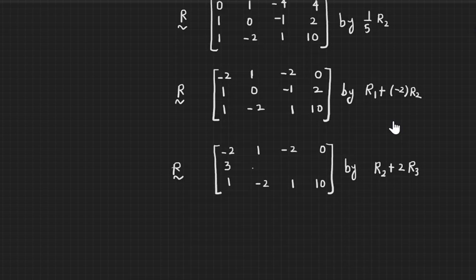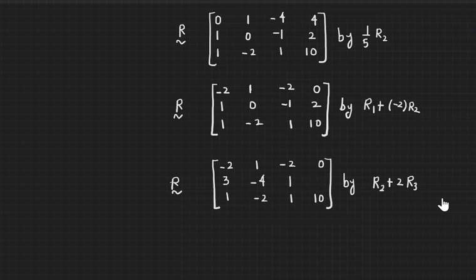So hence we get minus 4. Okay, 2 times R3 means 2 times 1, that would be 2 plus minus 1, so that becomes 1. If we don't write the plus sign, just write down 1, that would be the same.